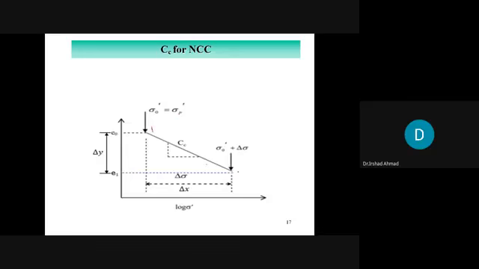And this was point 2. Sigma naught prime plus delta sigma. Here is e naught, right? As you increase the stress from sigma naught prime by delta sigma, the void ratio would decrease from e naught to e1.